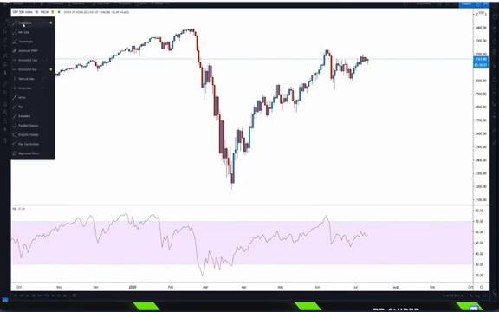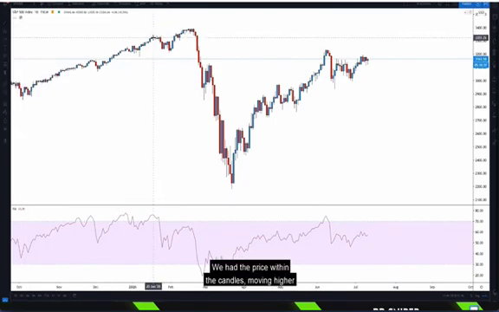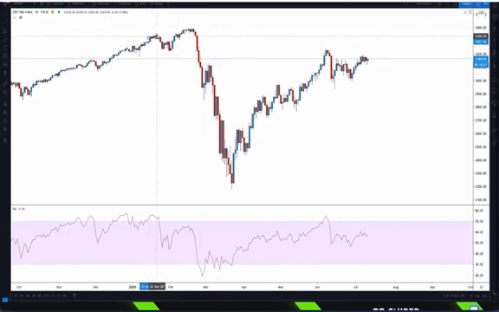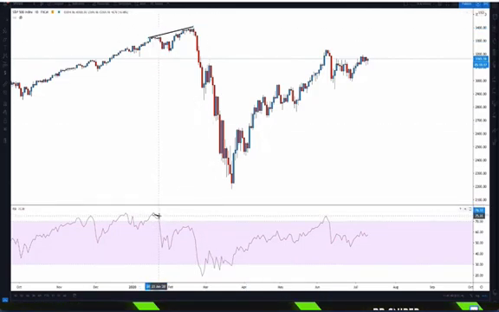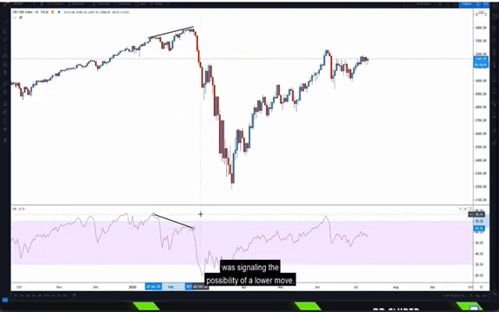If we take a look, we had the price within the candles moving higher as we were trading to the old all-time high. While at the same time, the oscillator, the RSI, was signaling the possibility of a lower move.